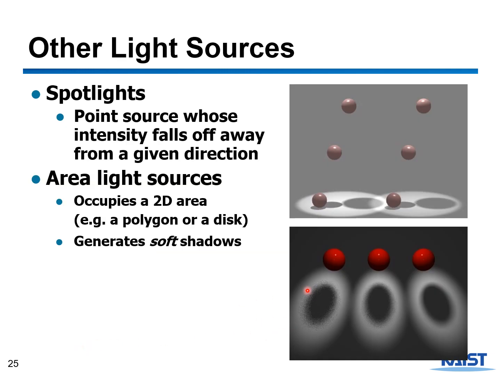Basically, we are just using the homogeneous coordinate. For the directional light, this is a vector, right?